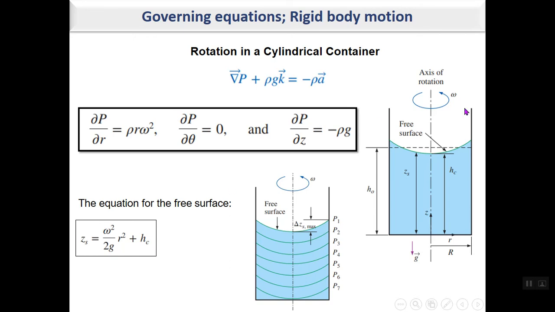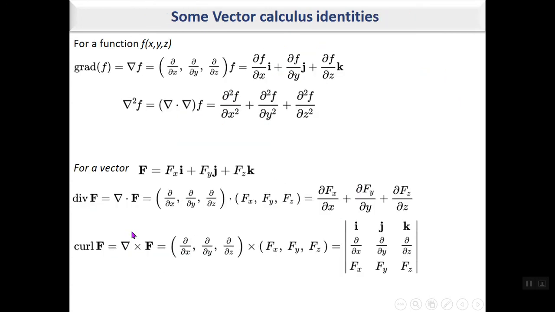So for a rotating cylinder, the shape of the free surface will be a parabola like the one you can see here.